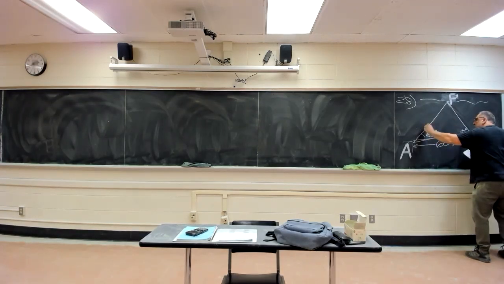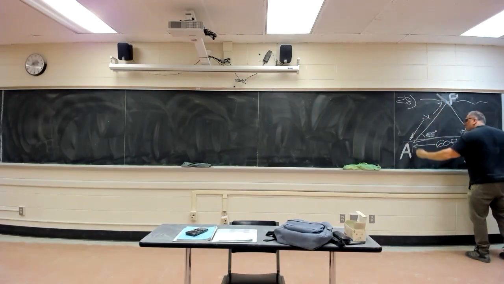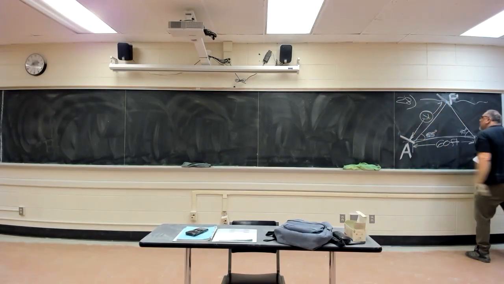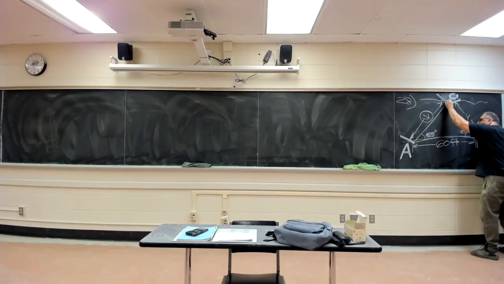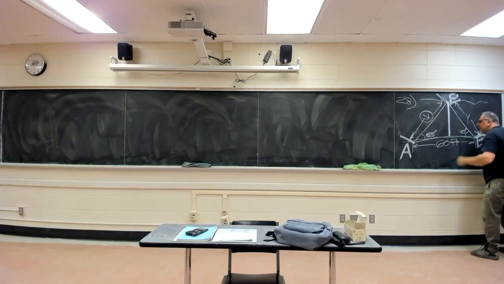This distance right here, let's call that X. How far is B from P? We'll call that Y. That's B from P. What is the width of the river? We'll call it W for width or height or whatever you want to call it.